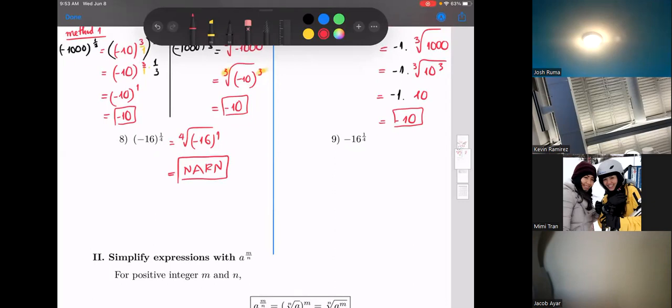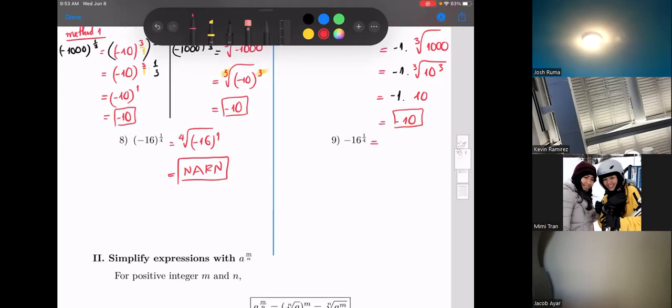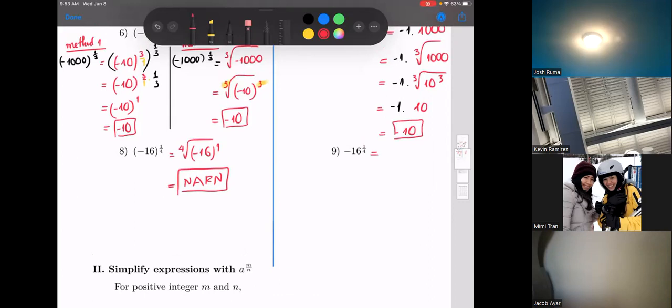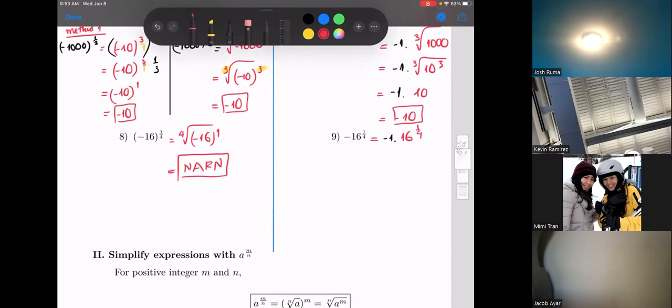What about number 9? Is it NARN? So this one, tell me how I rewrite the first step. How would I rewrite this? Yeah, thank you, Taylor. -1 times 16 to the 1/4. And then we switch to radical, so equal -1 times the 4th root of 16.